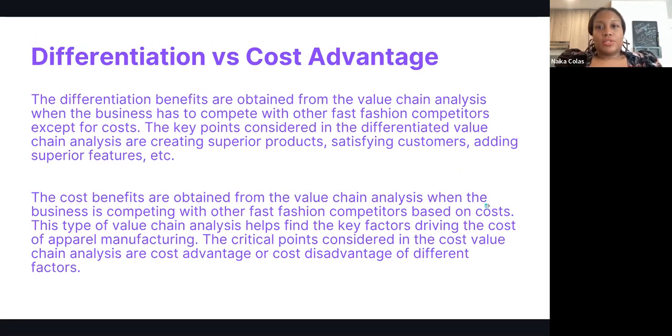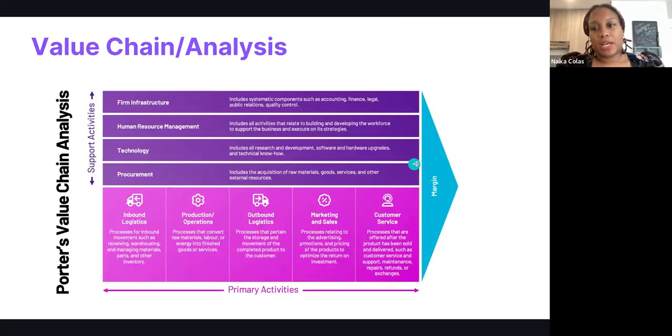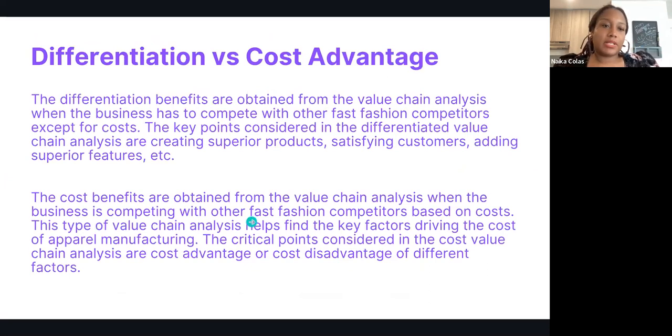So there are two different types of advantages of using your value chain analysis. The first advantage is the differentiation versus the cost advantage. Differentiation advantage benefits are obtained from the value chain analysis when the business has to compete with other fast fashion competitors, except for cost. So this would be a differentiation advantage for a sustainable brand, I would say.